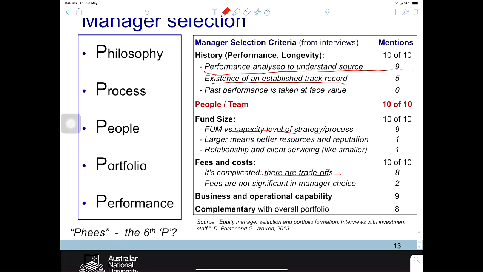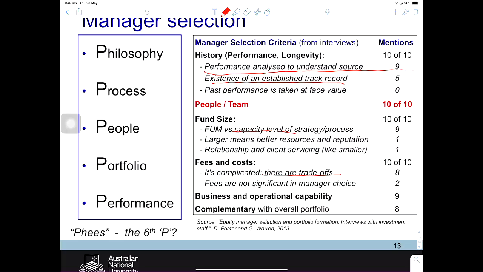And 2 of them will say that fees are not important in the manager choice. With more resources within their discretion, they care more about the return, not so much the fees. And also, if you have a deal with the brokers, you probably will have deeply discounted brokerage fees.